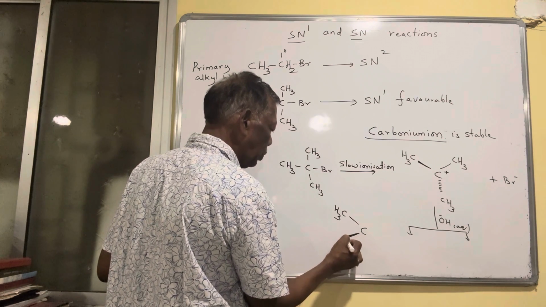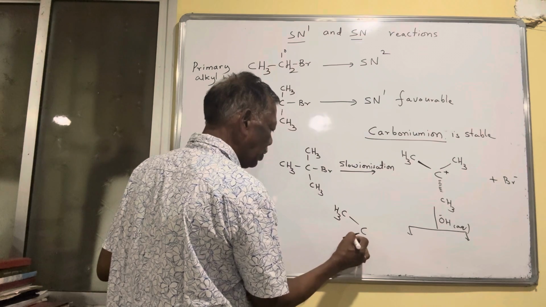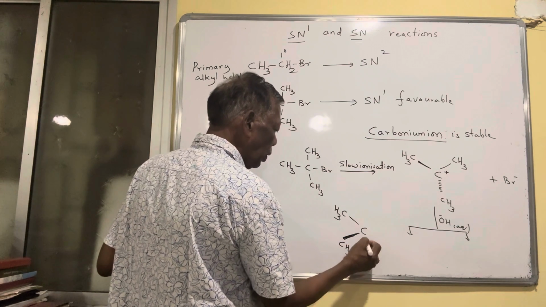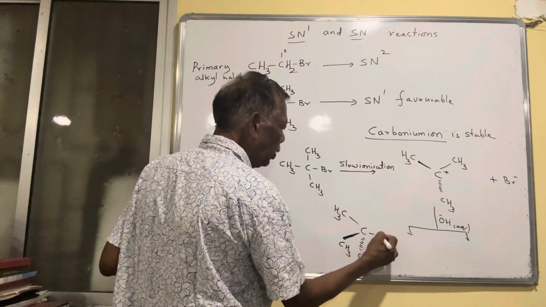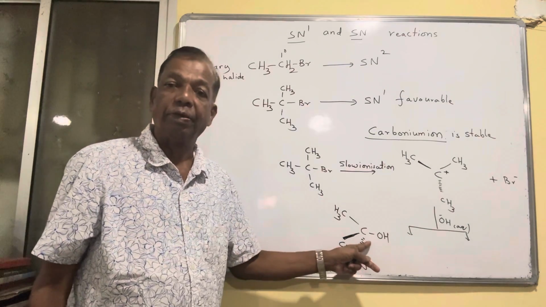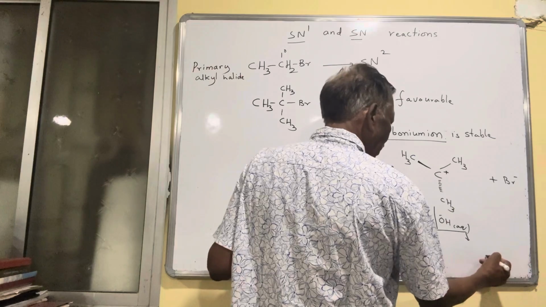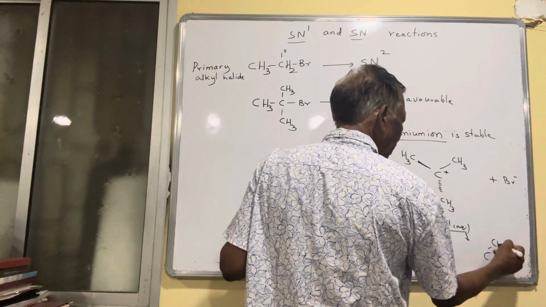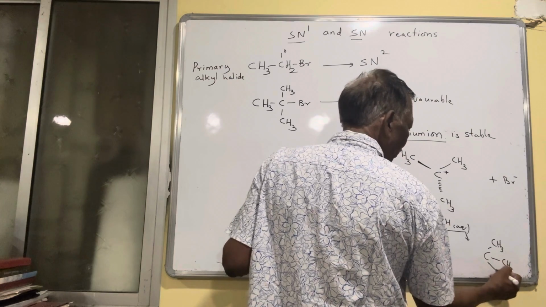I will explain this way so that you can understand what is formed here. Last time I think I explained in my video. So again I will just recollect: CH3 with OH over here. Okay. So OH is to the right. The second possibility is the same compound but the addition of OH is to the left.